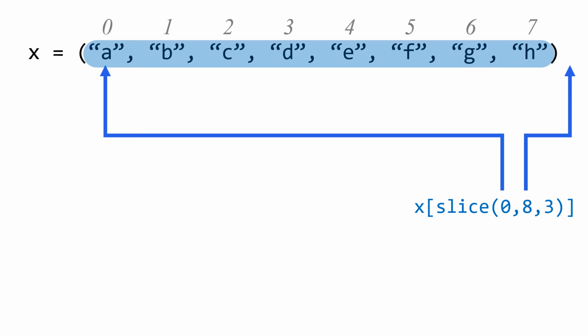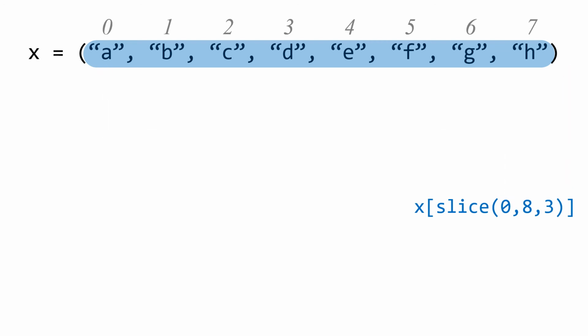Then the third parameter value is also given here. The third parameter value is 3. That is, step is 3. Here what happens is, in the slice function we have given the start as 0. So it will take the first element, and after that it will go for 3 steps.